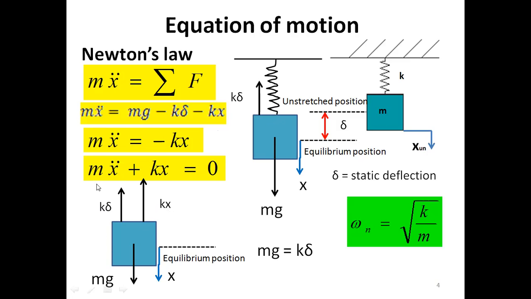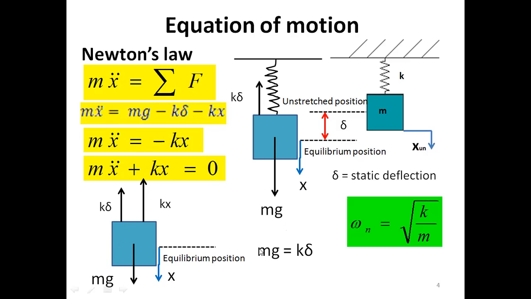Now we use Newton's second law: m x double dot is equal to the algebraic sum of all the forces acting on the mass. The force mg is along the displacement, so it is positive. K delta is opposite to the displacement at that instant, so it is negative, and kx is also opposite to x, so minus kx.